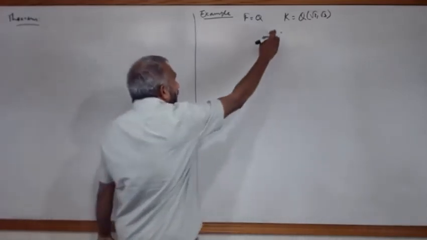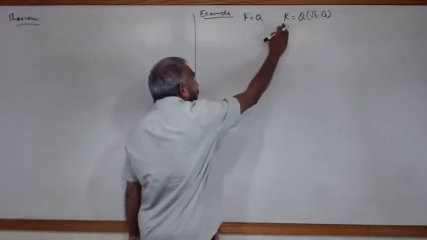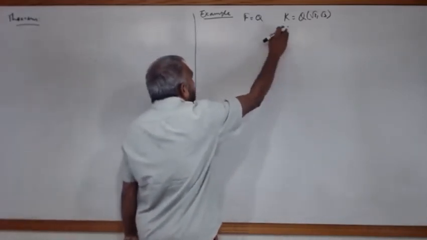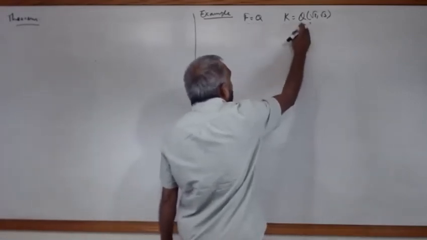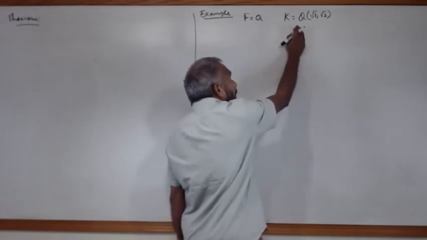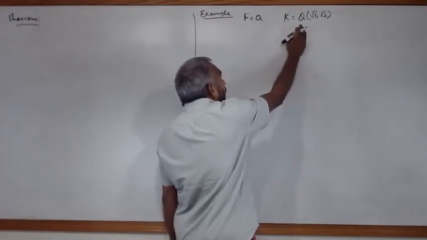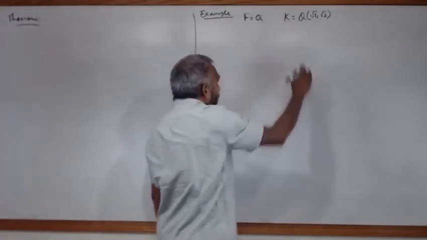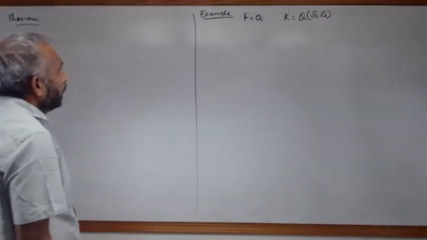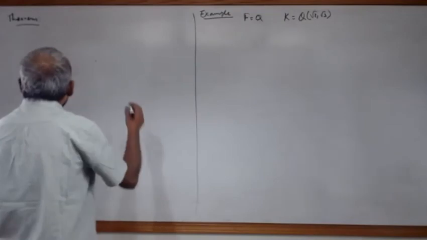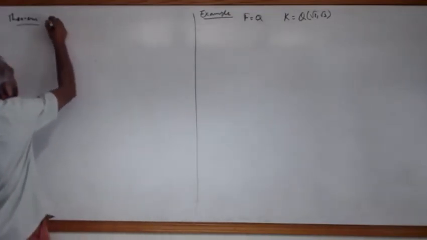So this is a finite normal extension of F. This is finite because the index is 2. It is normal extension because it is separable, and this is a splitting field. So we'll write it here.